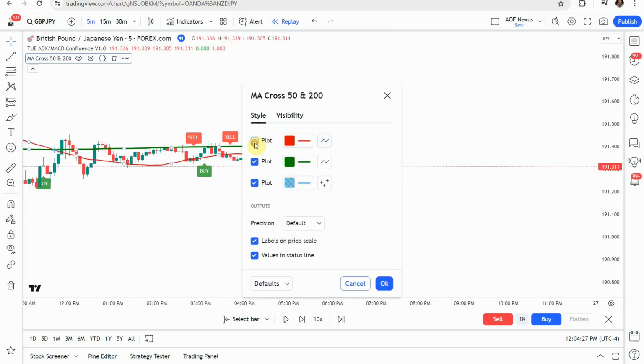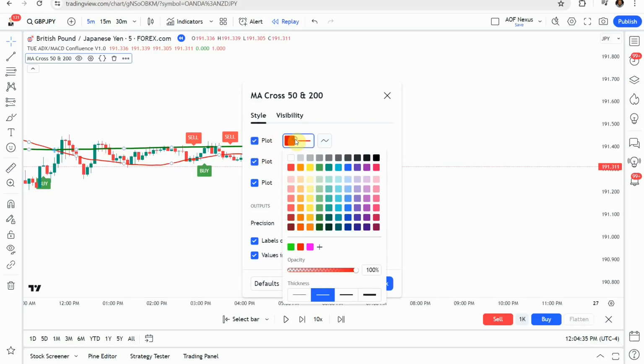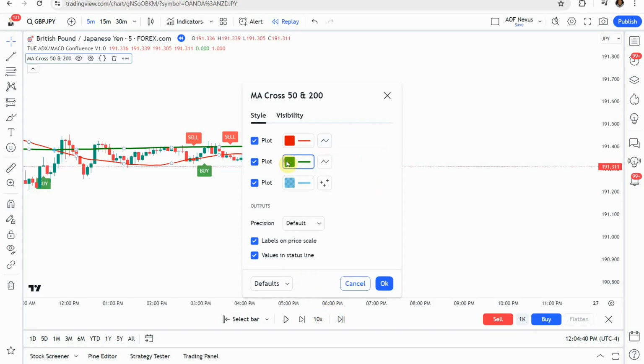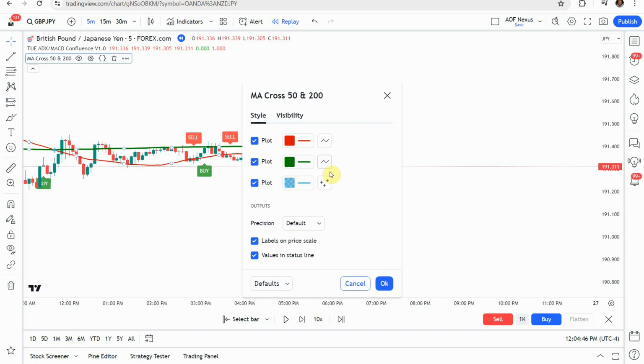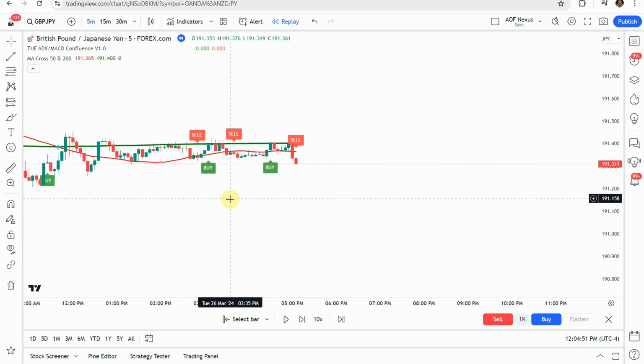These are the colors of the two moving averages. But what you'll want to do is on the top one right here, you're going to want to make the line weight of it a little bit smaller than the line weight of the second one. The second one will have a larger line weight like so. Do that, and again, set up the colors however you want. Then go ahead and click OK.